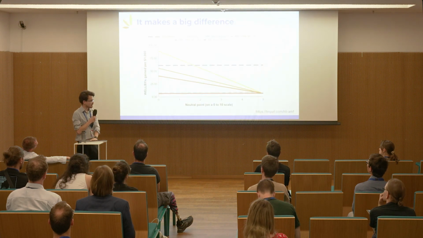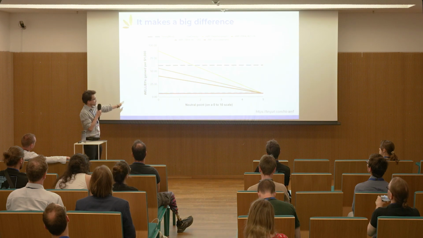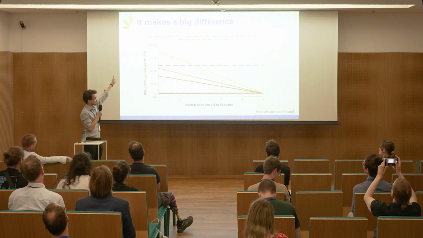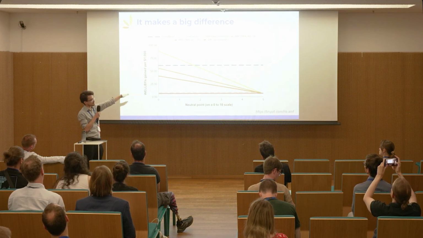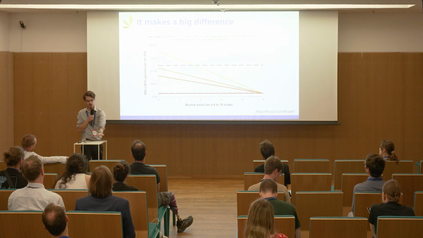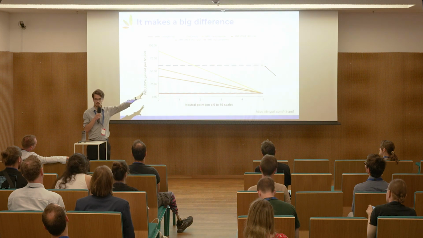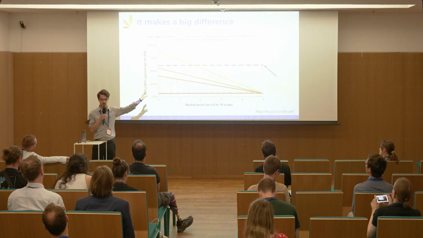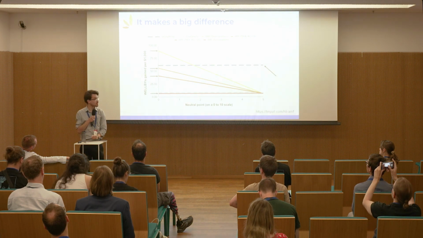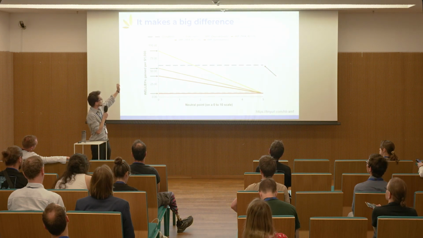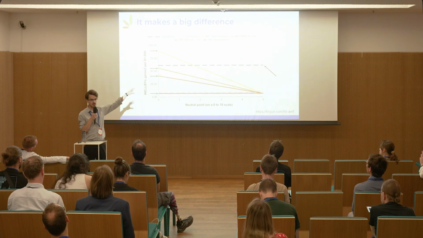So first, it affects the results. Here's the cost effectiveness in well-being of the different interventions across different values of the neutral point. This blue dashed line is StrongMinds, so it's not affected by the neutral point because it's primarily about improving lives. All of these other lines, that's the surprise, are the Against Malaria Foundation under different accounts of the badness of death.